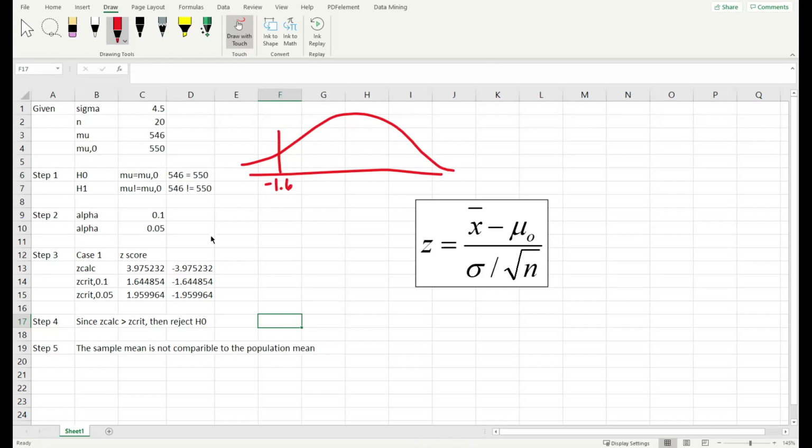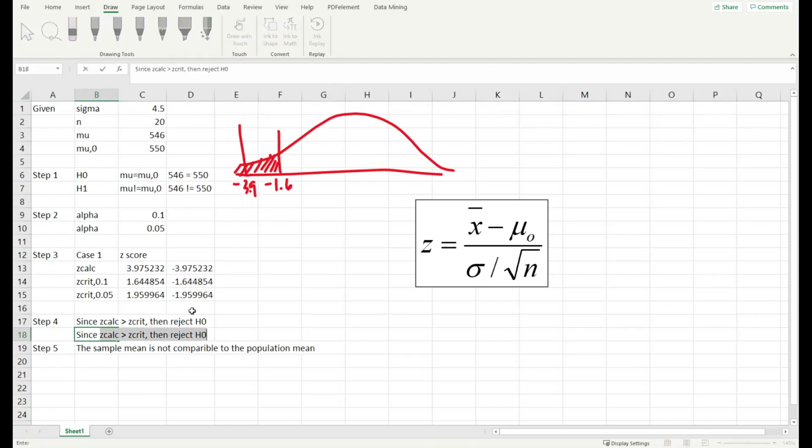Then my zcalc is here. Negative 3.9. Therefore, it falls in this region. So I can say that since zcalc is within the critical region, then we reject H naught. So that's also possible. You can do it either way, no? Whichever you are more comfortable with.